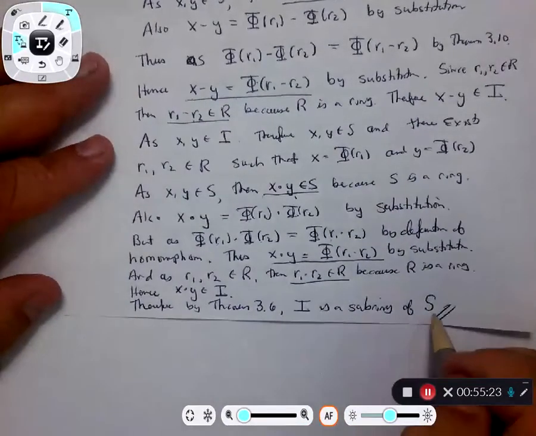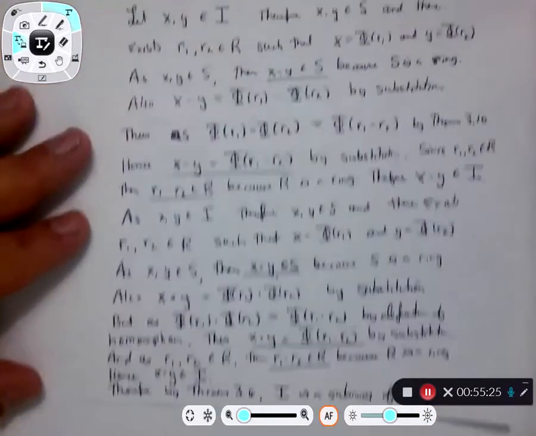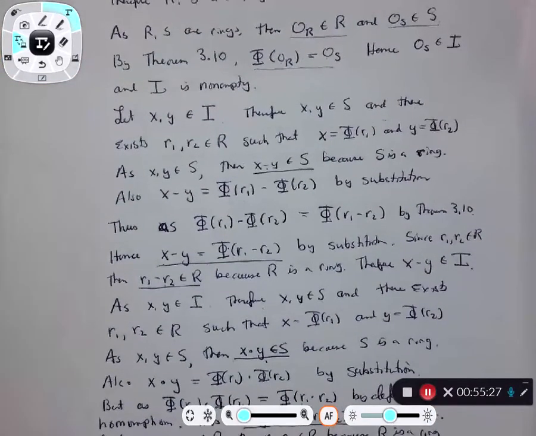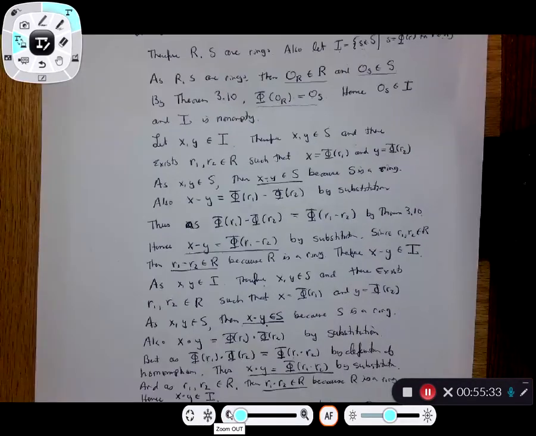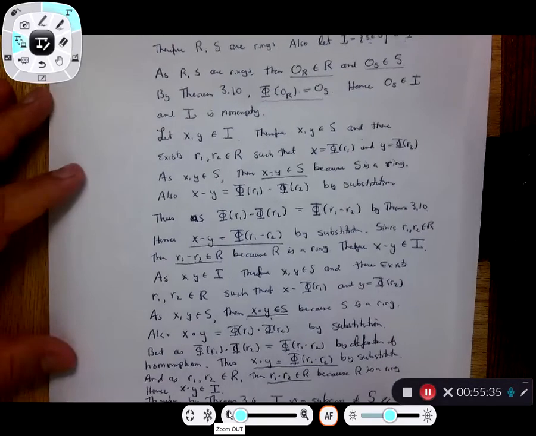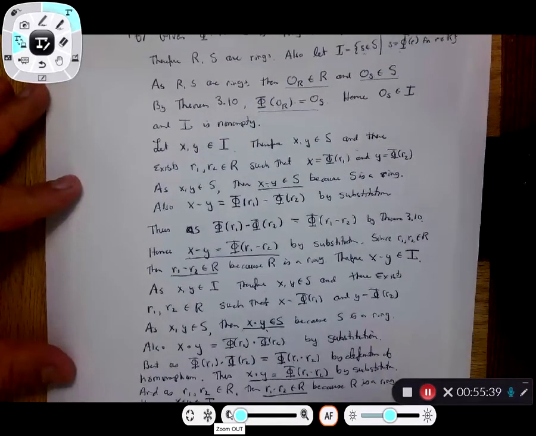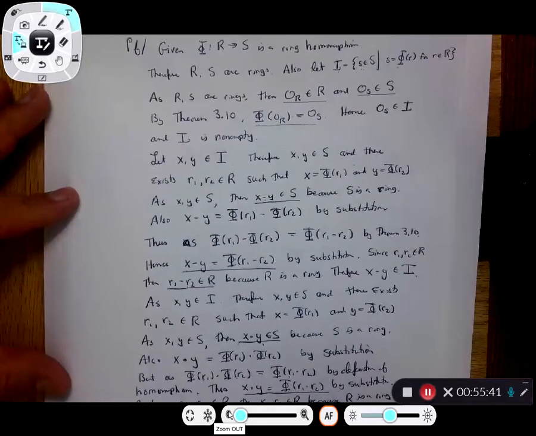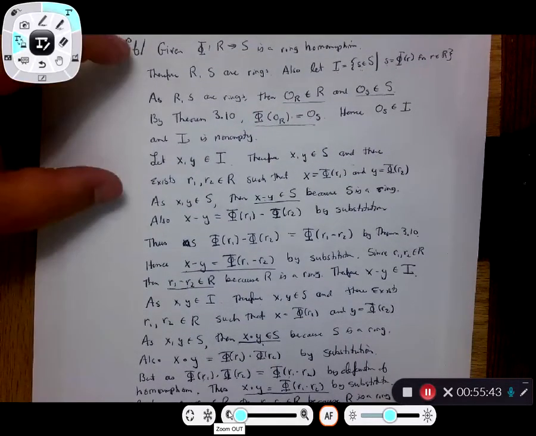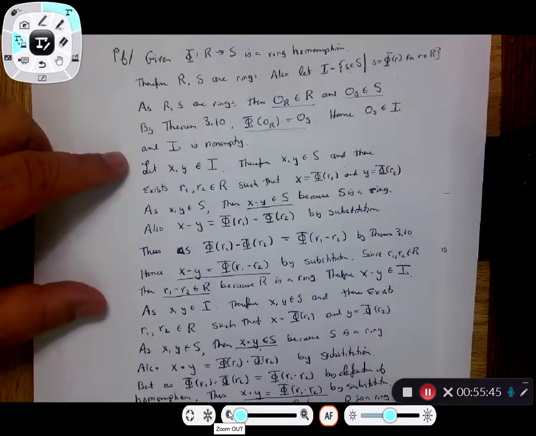And you're done. Now, as you go back and look at this proof, let me pull this down a little bit so you guys can see it. This is a great proof to study, so you really need to get all the aspects of it.